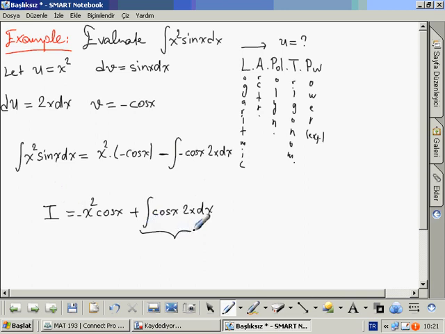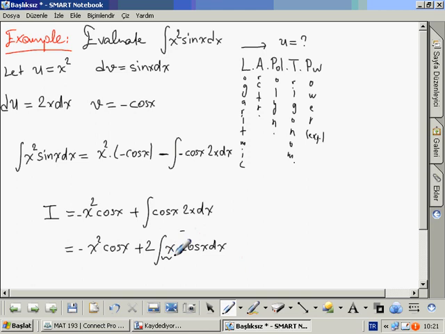We must repeat the integration by parts, so let me reorganize this: minus x squared cosine x plus 2 times the integral of x cosine x ∂x.